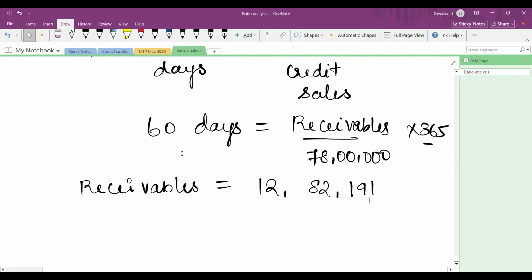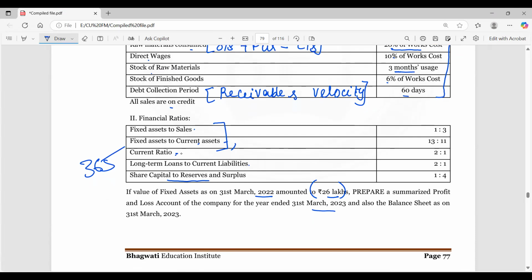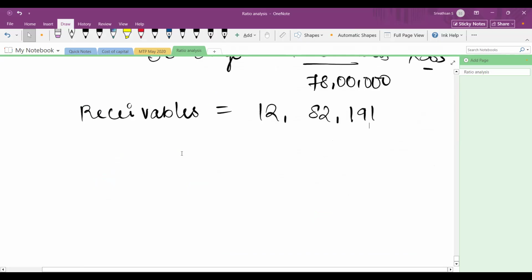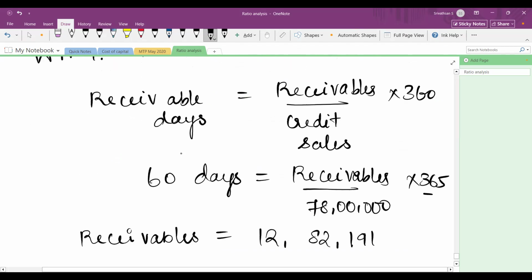We will do that. Listen, we have the current ratio and we have already calculated current assets. So with that, calculate the current liability. If we calculate current liability, with that, we can calculate long-term loans. So like that, we can proceed further. So what are the working note numbers? 10.